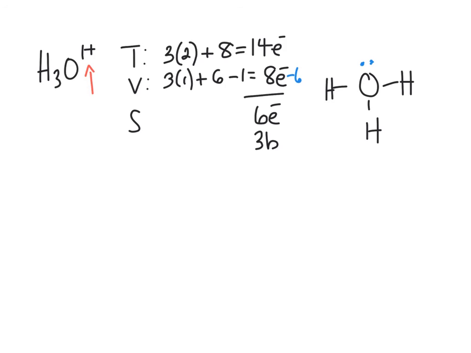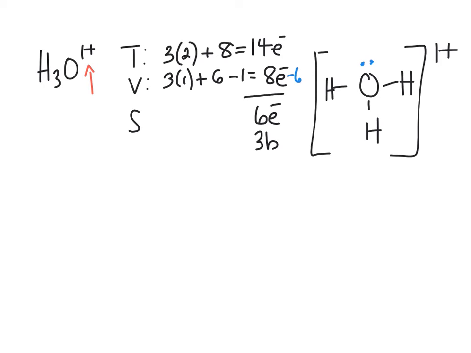So now hydrogen, 2 each. Oxygen now 8. We have used 2, 4, 6, 8 total. We have 8 total. So the only thing you would have to do is put square brackets and a charge.